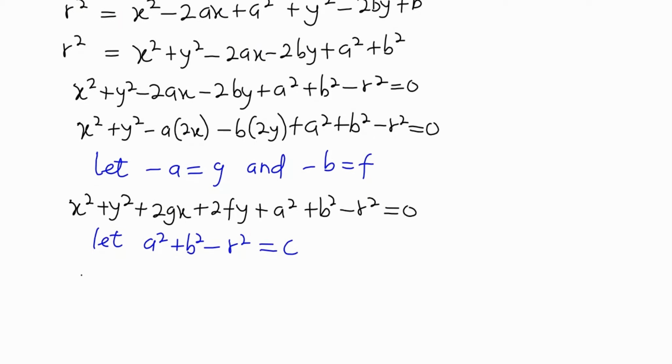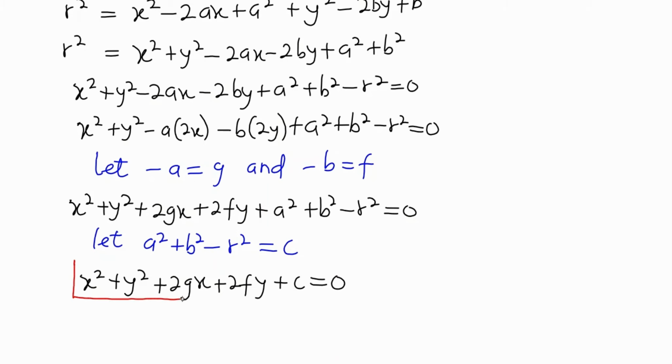So here we have x squared plus y squared plus 2gx, plus 2fy plus c is equal to 0. Now an equation of this form is what we call the general form of the equation of a circle.